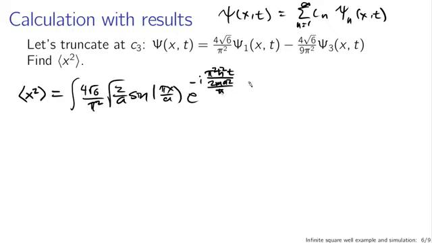That's our first term in our expression. The next term, we have 4 root 6 over 9 pi squared from this coefficient.